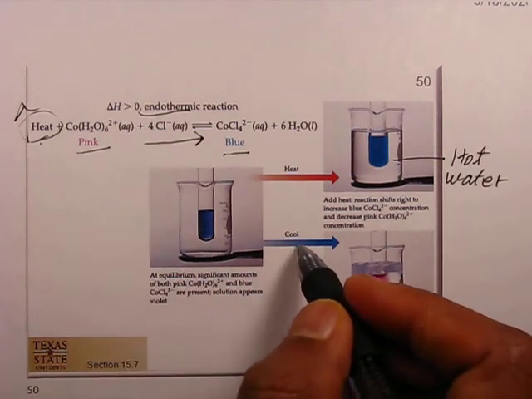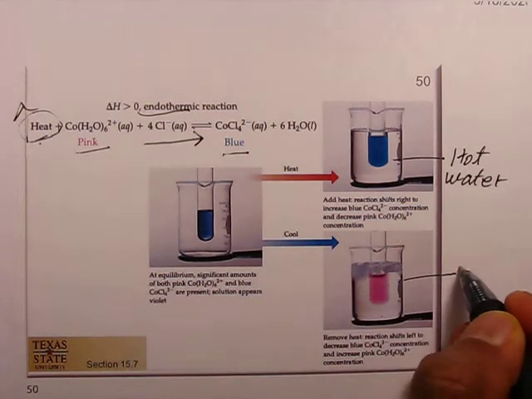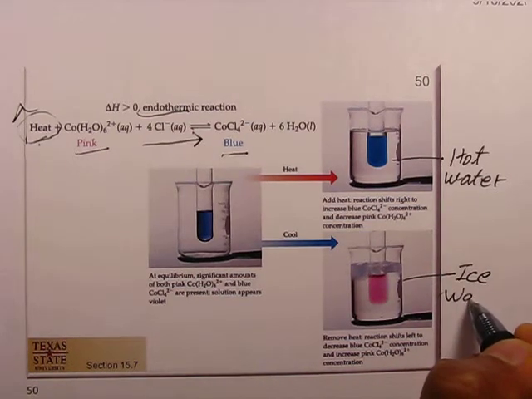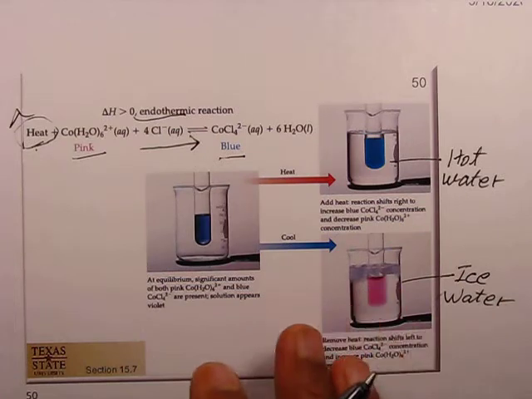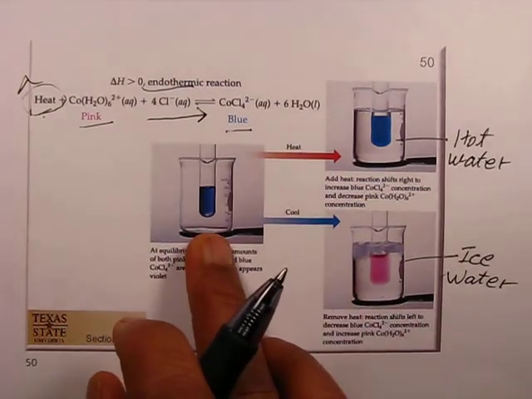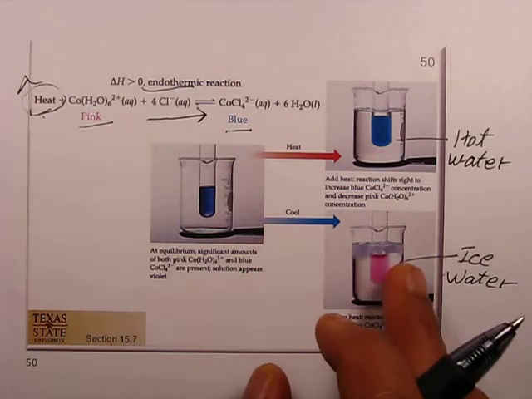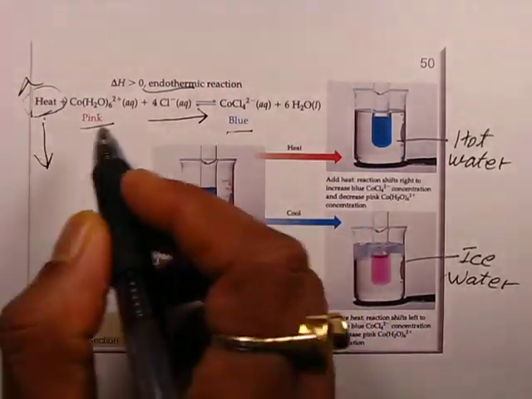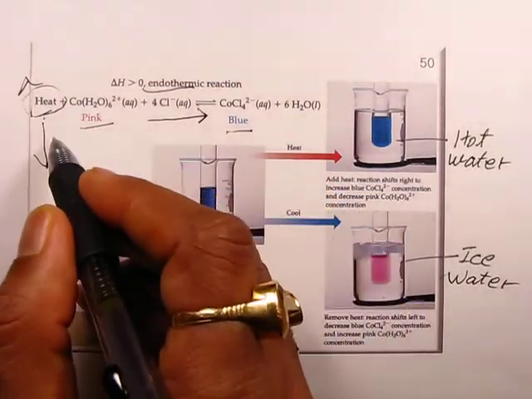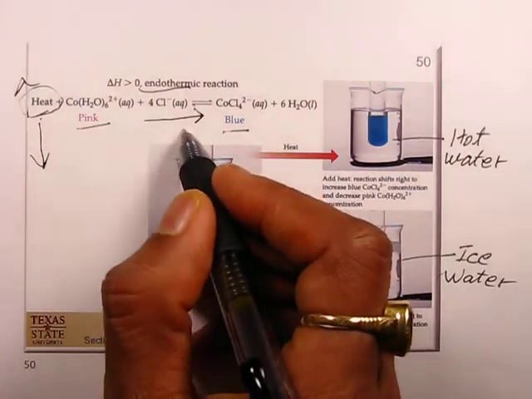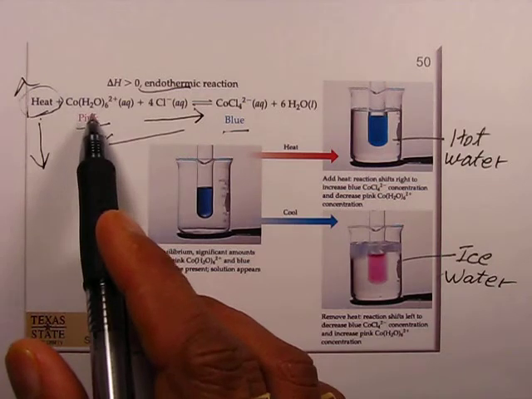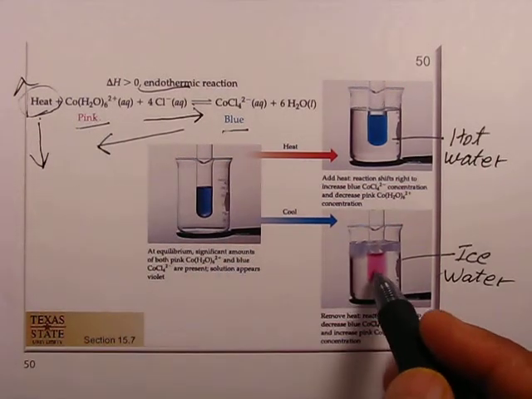If we decrease the temperature, if we place this reaction tube into ice water, we are removing the heat, basically removing the reactant, and the equilibrium will shift toward the left side and reactant will form more. That is why we have pink color here.